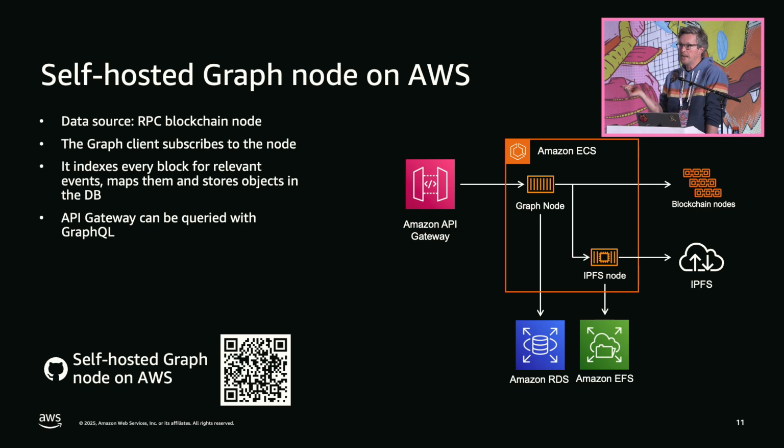So if you ever need your own particular graph node, you can just use that, and it's more or less a 3-line deployment or so, which would spin up this entire architecture for you: an ECS, Elastic Container Service, so a container management solution with various Docker containers, one the graph node, one an IPFS node, and then, of course, storage, RDS or database, and then EFS for the metadata and for backing up the IPFS node.